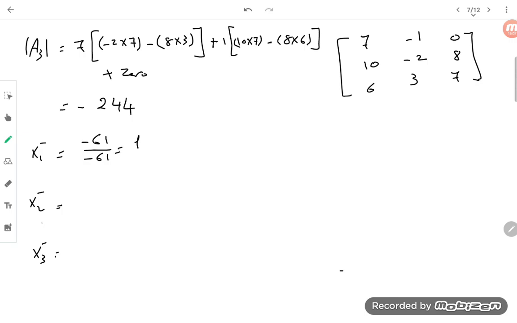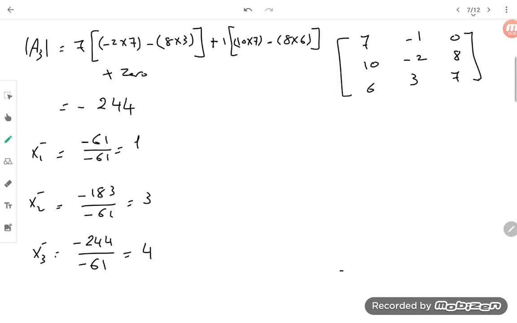With respect to x2, it's determinant A2, which is negative 183 divided by negative 61. So the value is 3. And finally, with respect to x3, it is determinant A3, which is negative 244 divided by the main determinant, negative 61. So the value is 4.